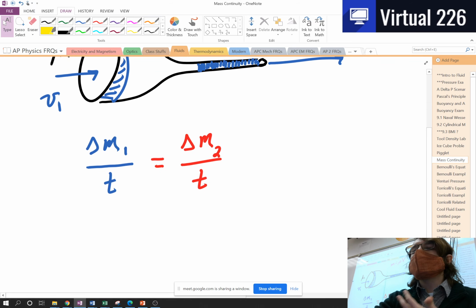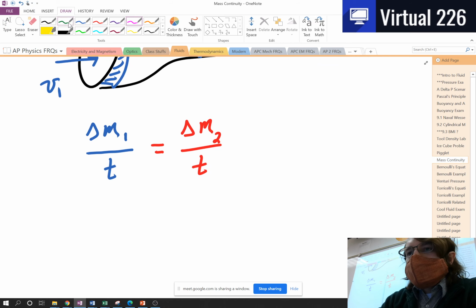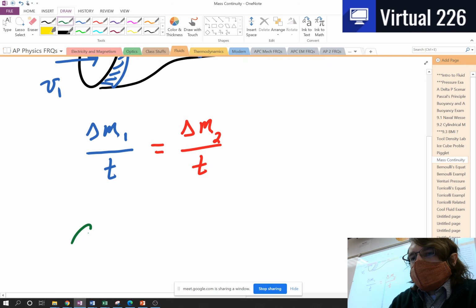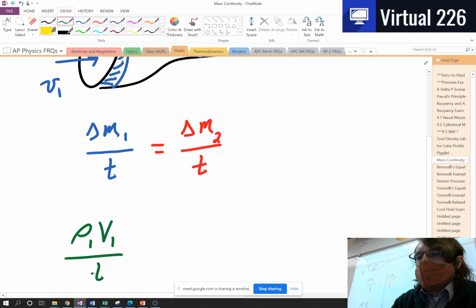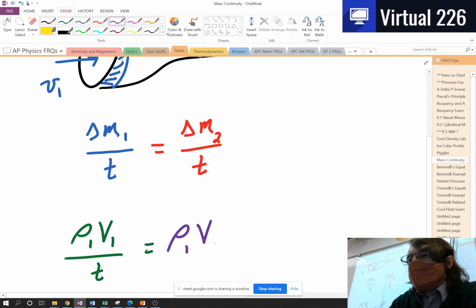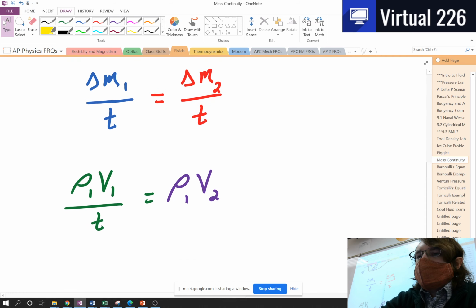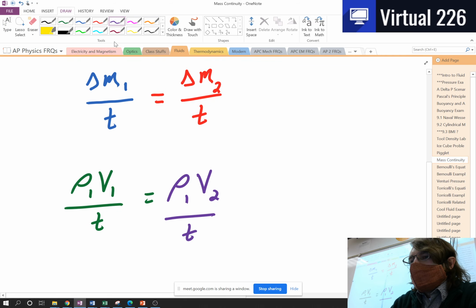So the masses are the same. Because of this, we will just rewrite this as saying the density at the beginning and the volume at the beginning over some amount of time equals the density, which is the same as the beginning, so we'll just write this as rho 1 again, multiplied by the volume of the second half divided by time.